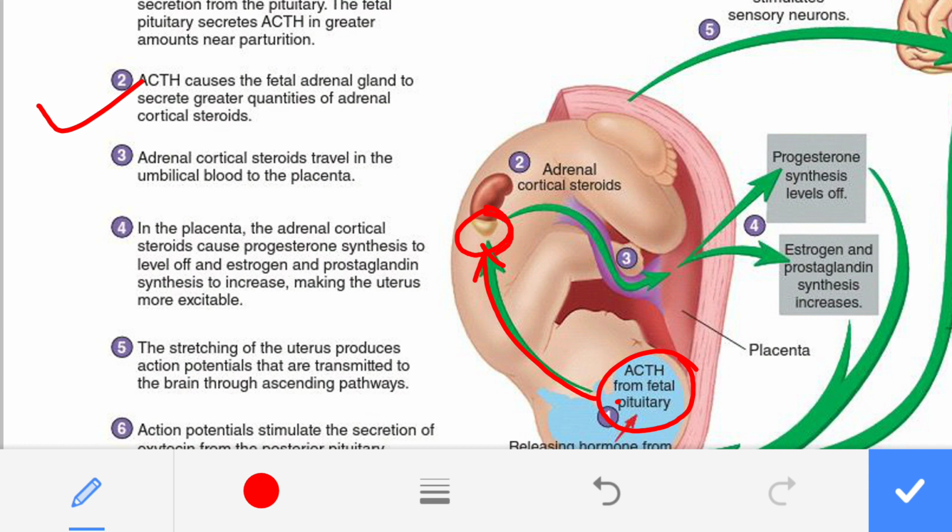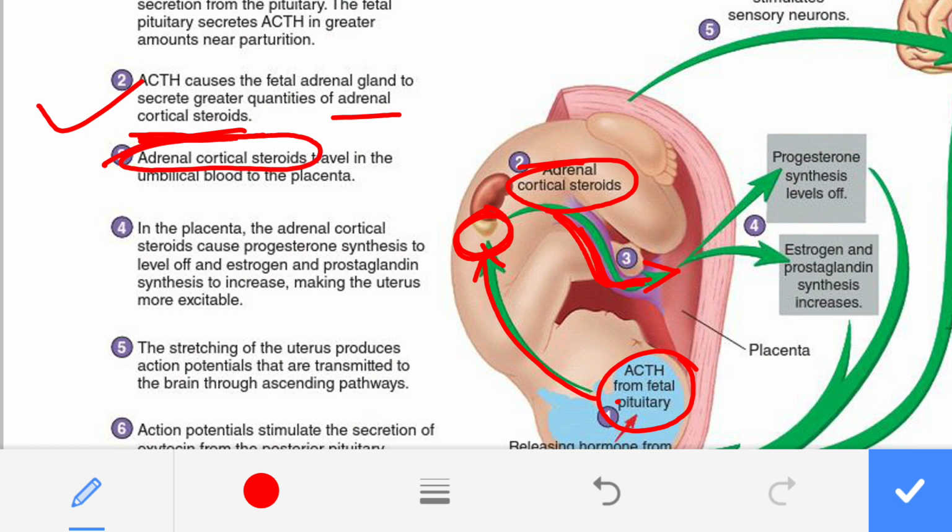This fetal adrenal gland secretes adrenal corticosteroid hormones. Now where is this adrenal corticosteroid traveling? It enters the umbilical cord, and via the umbilical cord it affects the placenta. So the adrenal corticosteroid is affecting the placenta.